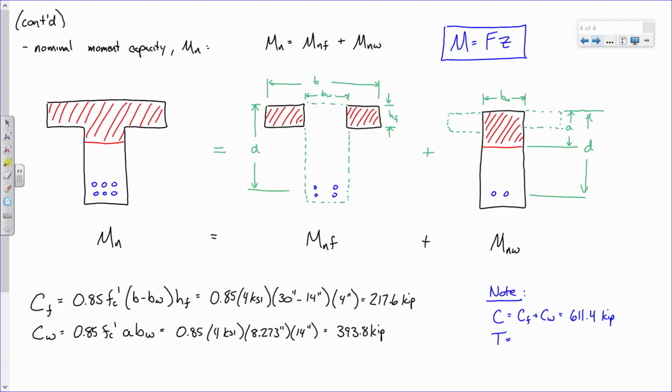Let's compute them independently. What was AS for this problem? 10.19. And so what does that come out to be? 611.4.